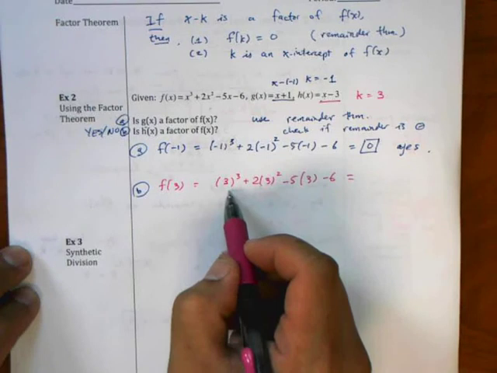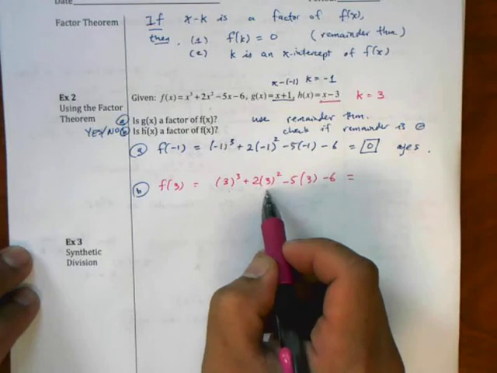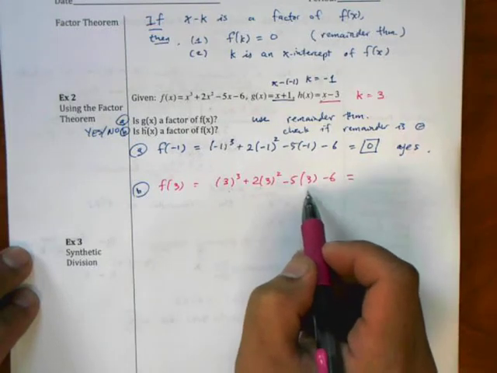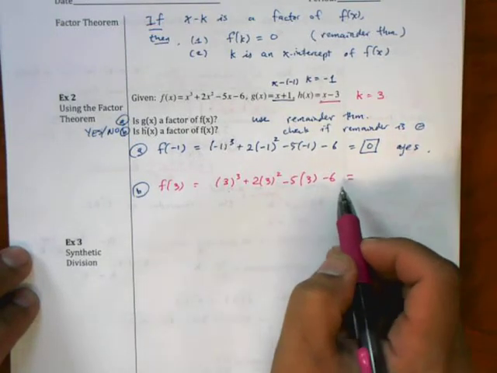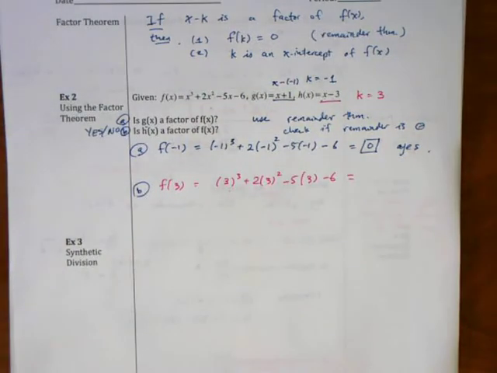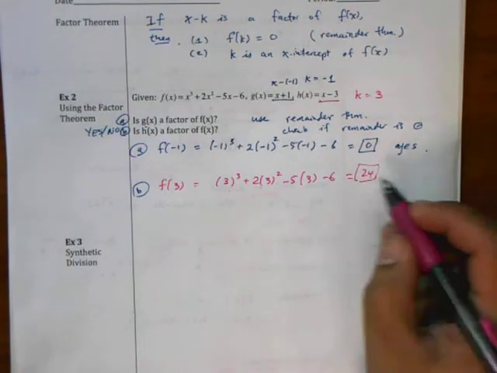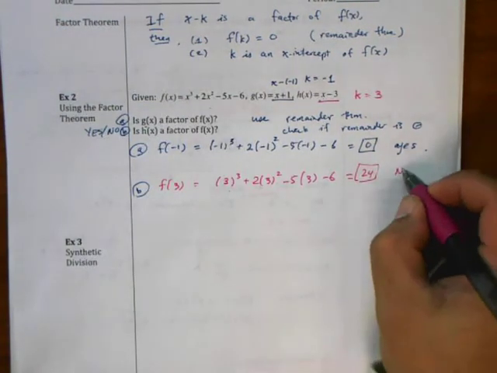This is 27 plus 18, so that gives me 45, minus 15 gives me 30, minus 6 gives me 24. So this is the remainder, and so the answer here is no.